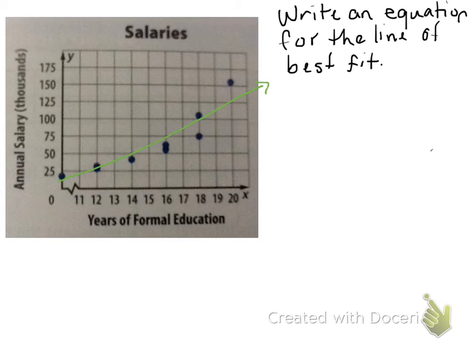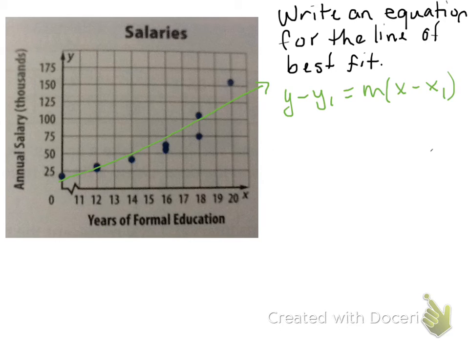The more education you get, the more money you're going to make. And that looks like a pretty good line without a ruler. Now, to write an equation for the line of best fit, I need to use everything that you just learned and were tested on. So if I were you, I would use point slope form. That's y minus y1 equals m times x minus x1.